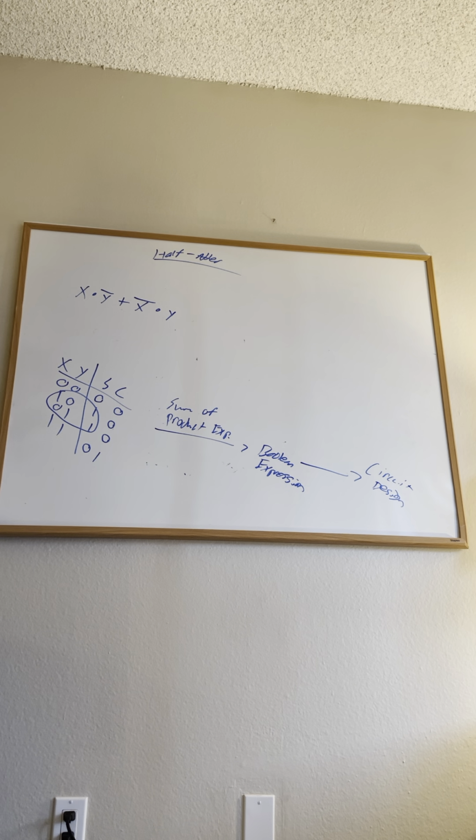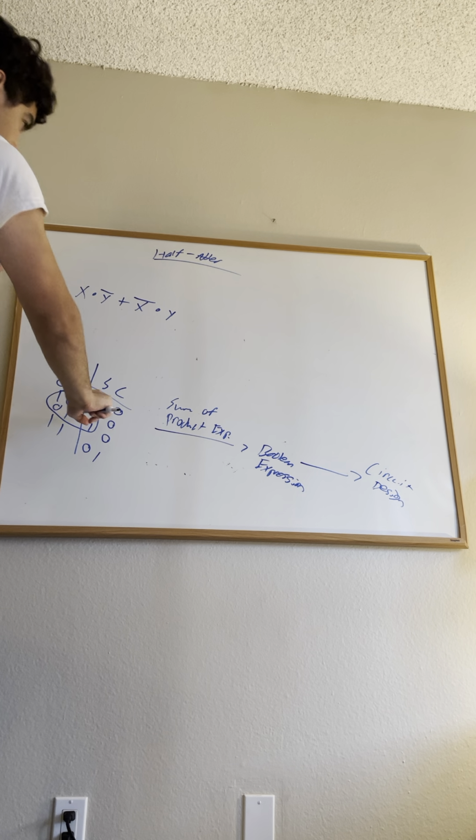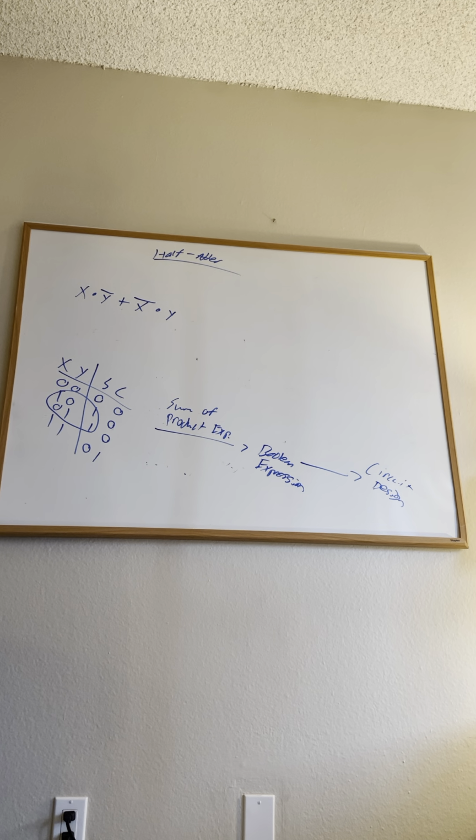The reason this works is because if we change any of these values to what it's not here, this works if and only if we plug in these exact values to these expressions here.